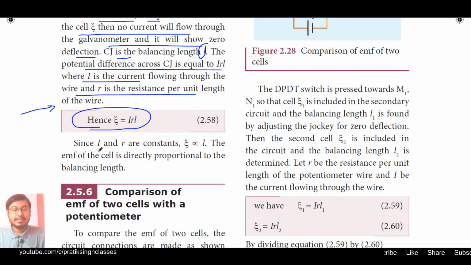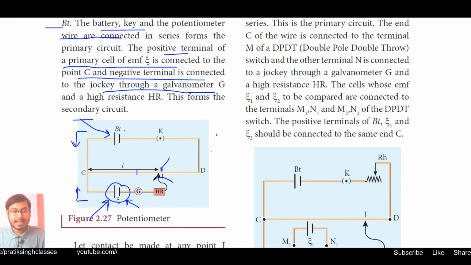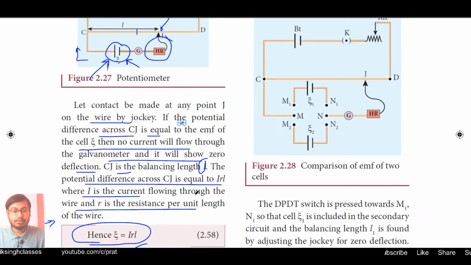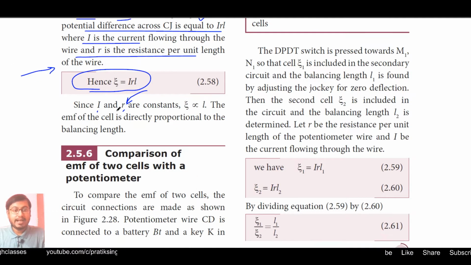Since current I and resistance R are constant, because this R value is of this high resistance which is already known, and the I value is known, then we can say that Xi is directly proportional to the length. That means the EMF of the cell is directly proportional to the length of the wire.